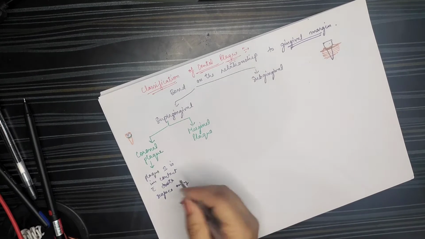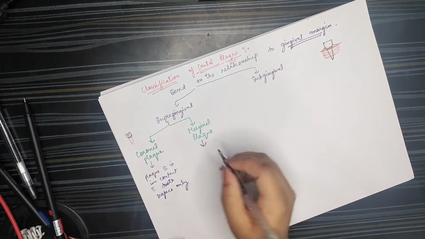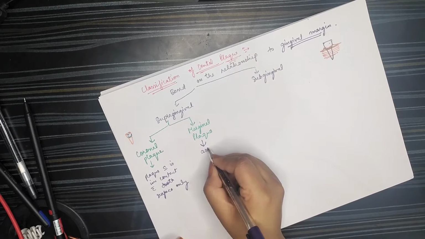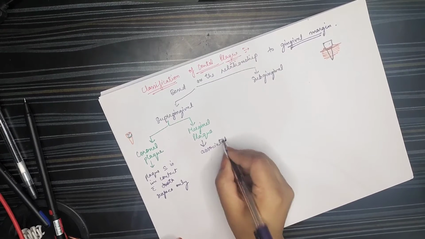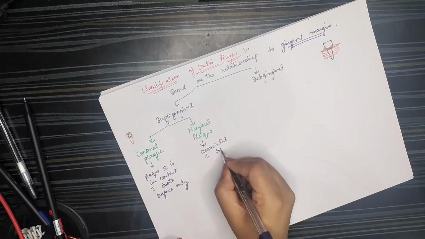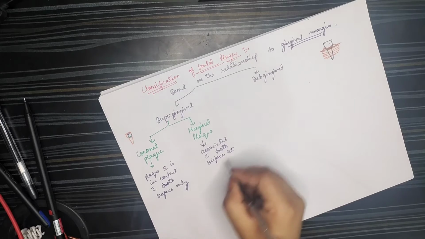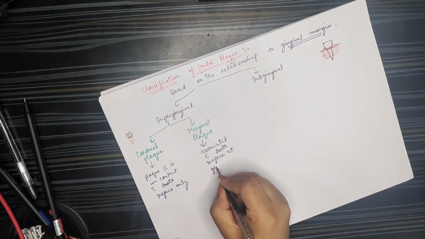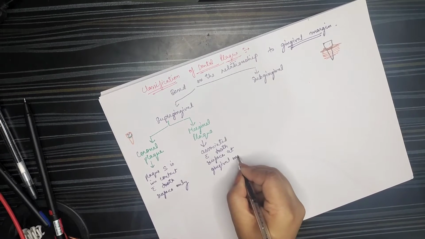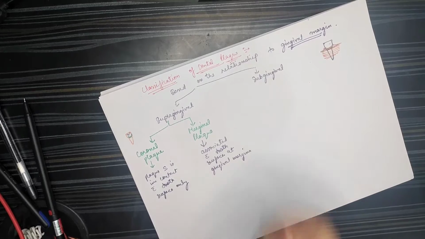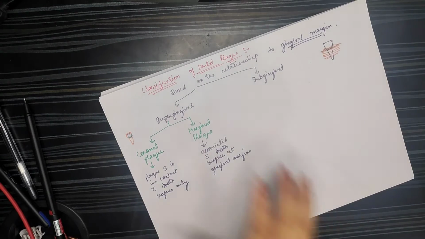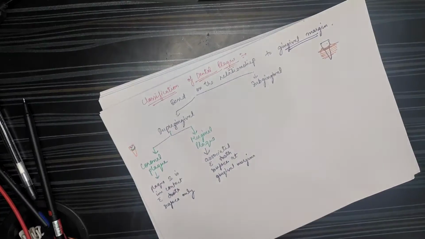Marginal plaque is associated with the tooth surface, but at the gingival margins. Now this is all for the supragingival.